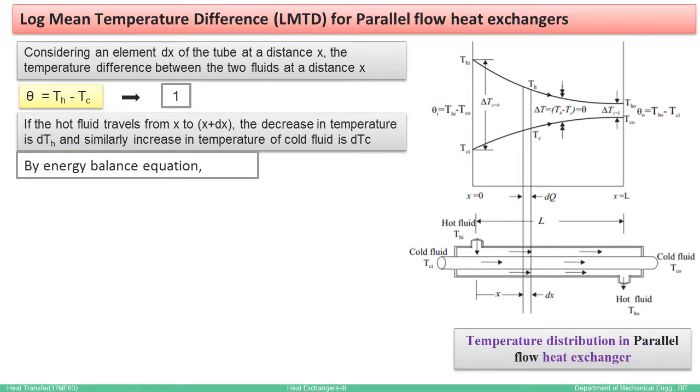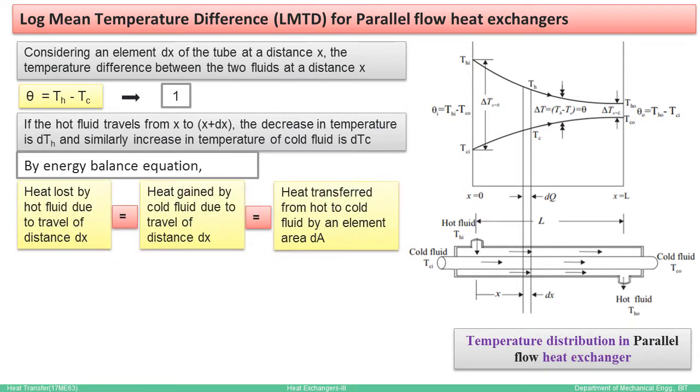And if the hot fluid travels from x to x plus dx, where dx is a small distance equivalent to the dimension of the element considered, the decrease in temperature for the hot fluid is dTh, and similarly the increase in temperature of the cold fluid is dTc.